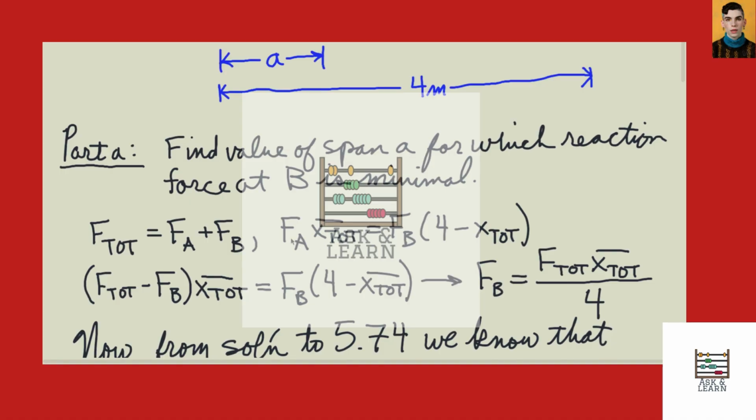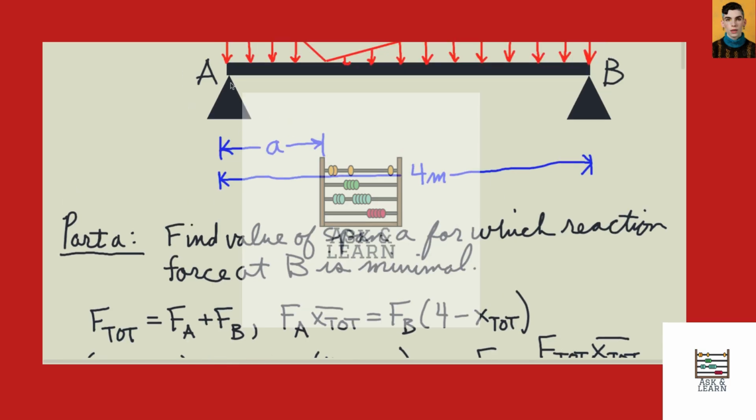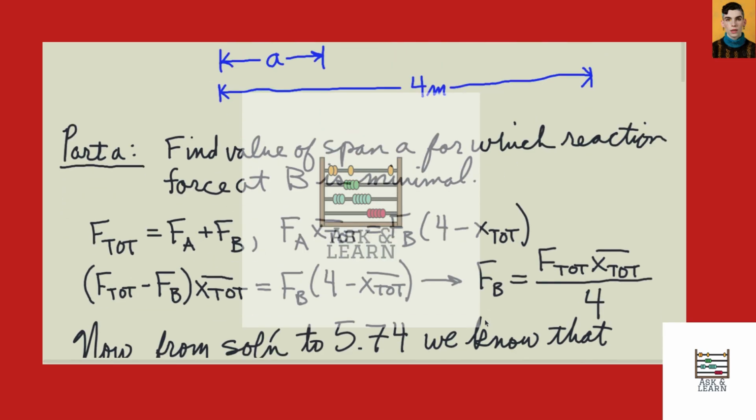We can write these torques as the reaction force at support A, which must exactly be canceled by the reaction force at support B about its moment arm, which is the remaining extent of the beam past the centroid, which is 4 minus x total, the location of the centroid.